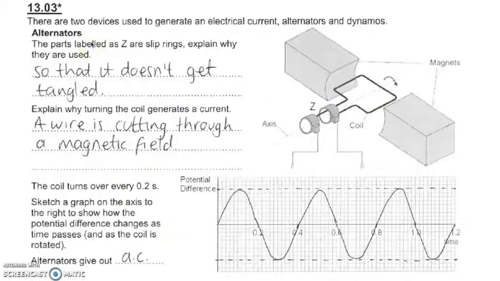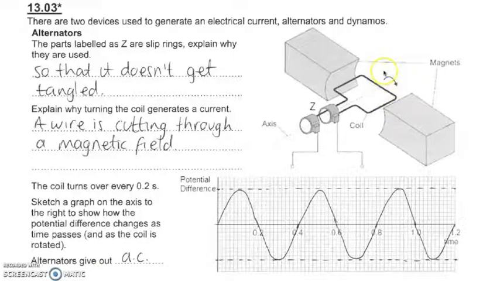Now let's look at two devices that make use of this wonderful effect of electromagnetic induction. They are alternators and dynamos. Let's start off with alternators. If we look at this diagram here, what is the purpose of the slip rings? Well, first of all, they are rings, so they are circular, and the motion of the coil is also going to be a rotational, clockwise motion, as we see from this arrow.